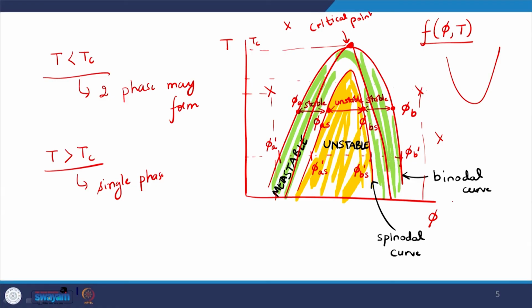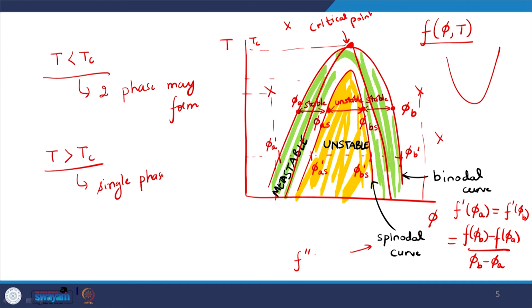Yeah, so if I want to get the expression of the binodal and spinodal, we already know what it should be. The binodal curve is given as f prime phi A is equal to f prime phi B is equal to f phi B minus f phi A divided by phi B minus phi A, and the spinodal curve is given as f double prime is equal to 0.